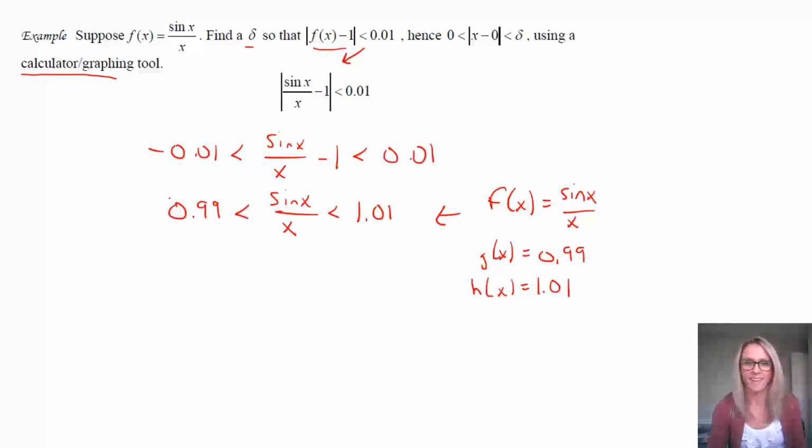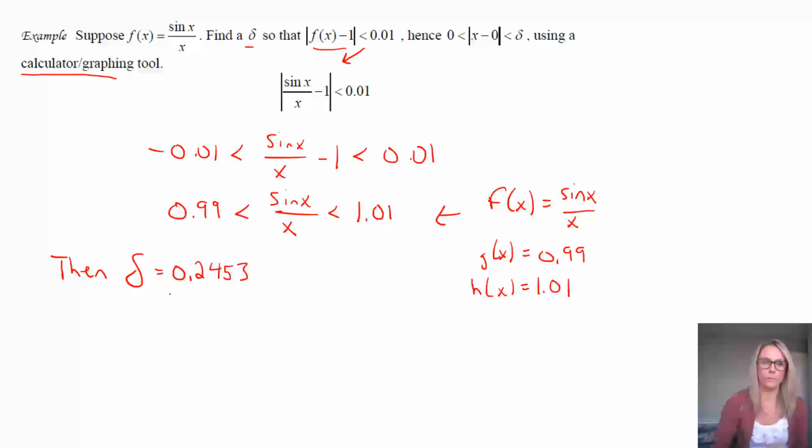And now we're back. What we learned from what we saw graphically was that we want that delta to be 0.2453. And at that value, on either side, you're always going to have that absolute value being true as long as delta is that distance.